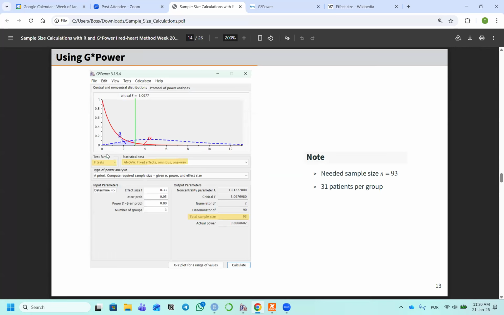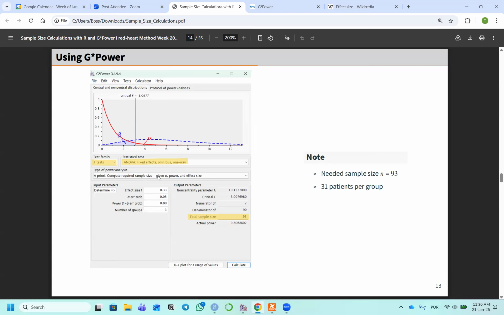I have to choose the type of test that I use. Usually I stick to the F test, because when I'm talking about ANOVA, regression, and the full model, the F test is what I'm dealing with. For the statistical test, I choose fixed effects, omnibus, one-way ANOVA.